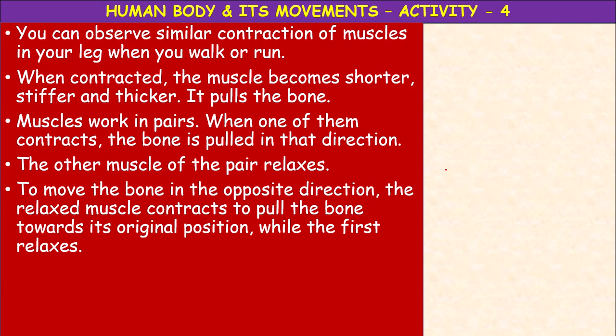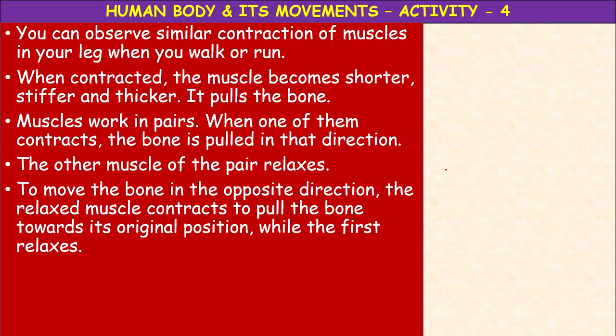When one muscle relaxes, what happens? The other will contract. That contracted muscle will pull the bone in that particular direction. Meanwhile, the other muscle will relax. Then next, another one relaxes and another one contracts. Like that, the muscle works in pairs.